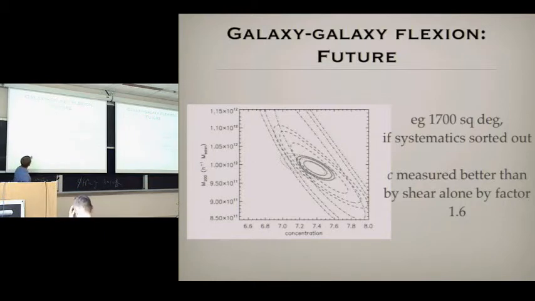The dotted lines are the shear constraints, the dashed lines are the flexion constraints, and you can see that the flexion is not adding much to our knowledge of the typical mass of the halo, whereas it does improve the concentration by about 40%. So it is interesting to include, and of course it's an important test of systematics as well.